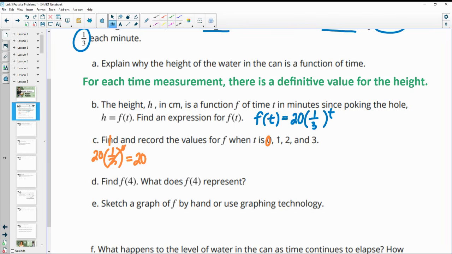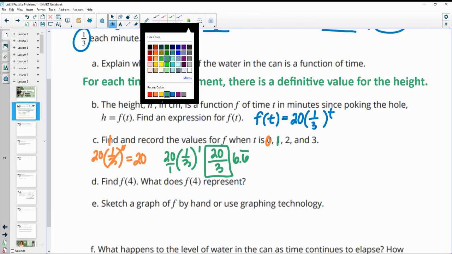If we plug in 1, so now we're going to get 20 times 1/3 to the 1 power, so just 20 times 1/3. And if we think of multiplying fractions, that's going to be 20 times 1 on the top and 1 times 3 on the bottom. So we get 20/3 for the height there, or you could certainly do the decimal version of 6.6 repeating.